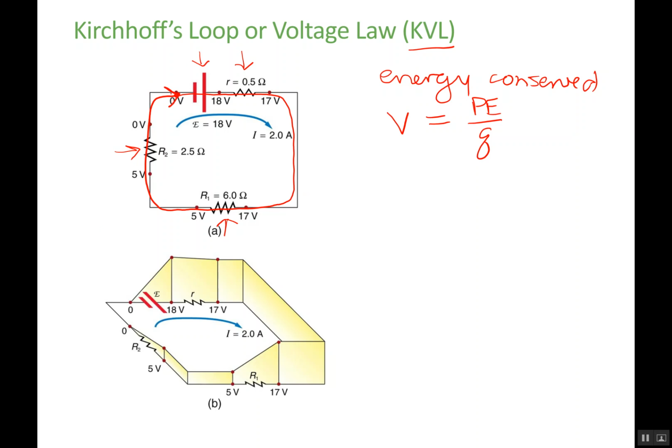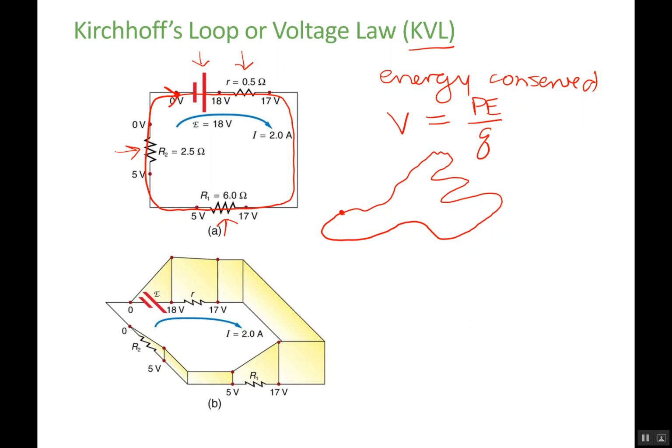So Kirchhoff's loop law, or voltage law, says that as you go around the loop, the voltage changes that you encounter when you cross over various components, whether they be batteries or resistors, have to all add up to 0. This is sort of like saying that if you go on a hike and you start at the bottom of the hill and you hike up to the top of the hill, and then you come back down and go around the forest and come back, you end up where you started.